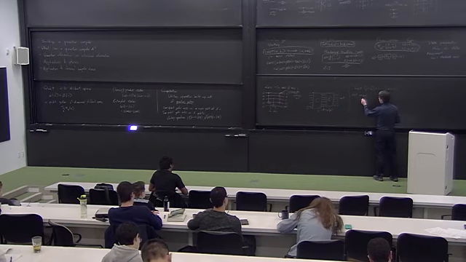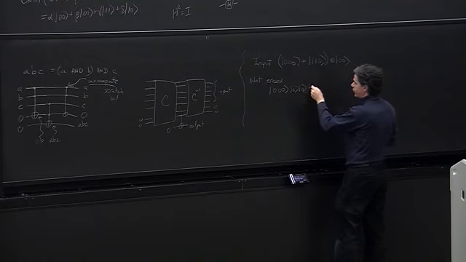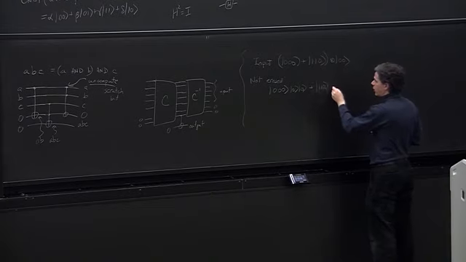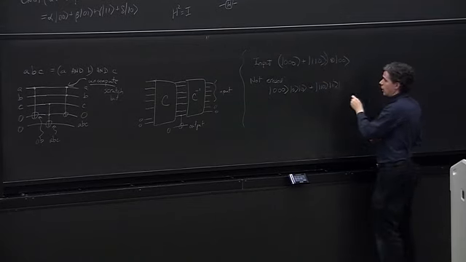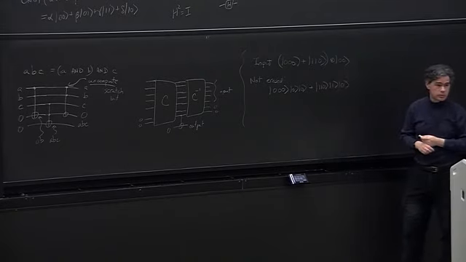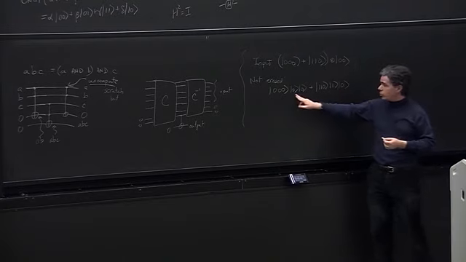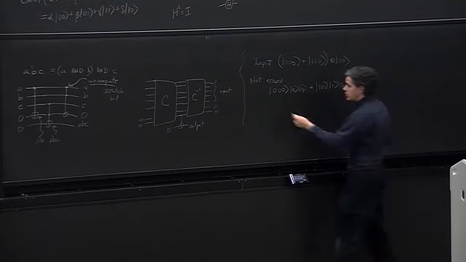Well, we get 0, 0, 0. And then the ancilla bits: AB is 0 still, and ABC is also 0. And then for this one, we get 1, 1, 0. And then AB is 1, but ABC is still 0. OK? And so what happens now is if you ignore this scratch bit, we have a mixed state.